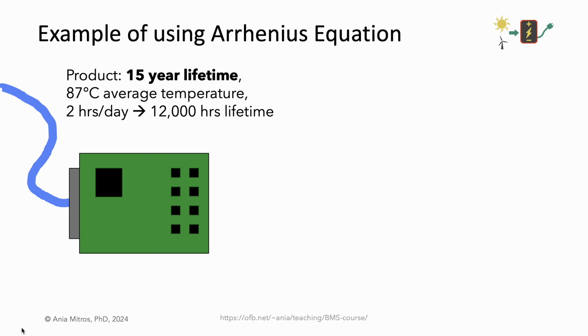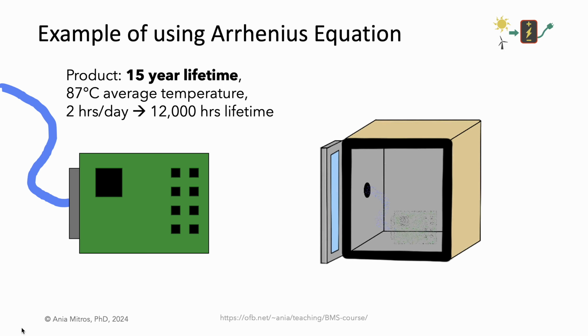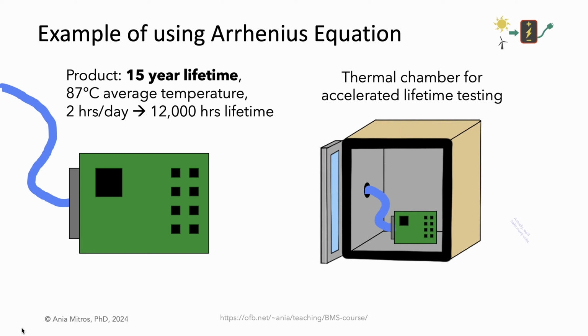We'll miss our market opportunity. Instead, we will place a pre-production version of that product into a thermal chamber and bake it to accelerate or emulate aging. The Arrhenius equation helps us calculate how long to bake. We'll look at the equation first and then apply it to this example product.